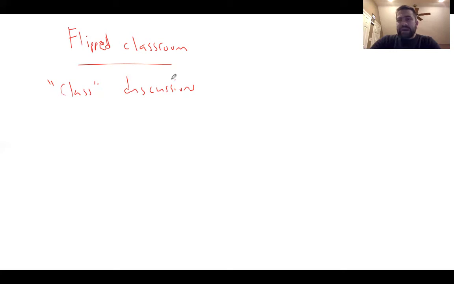And so I also want to be aware of that. I don't want to force people to be up in the middle of the night because of where their time zone is for a discussion. And so I really want to augment these in-class discussions with more asynchronous discussion modes as well.